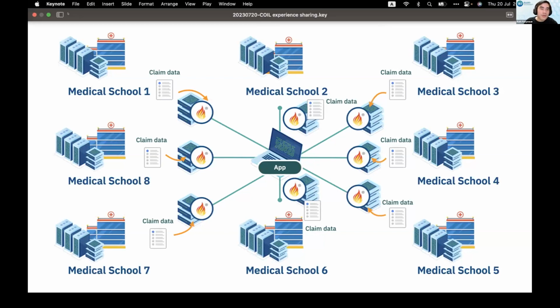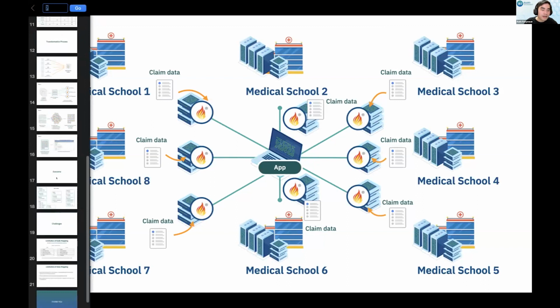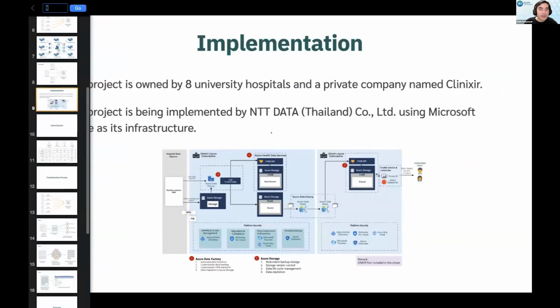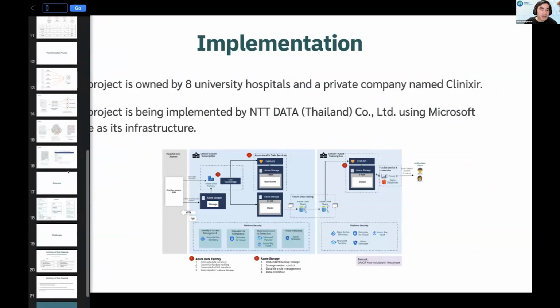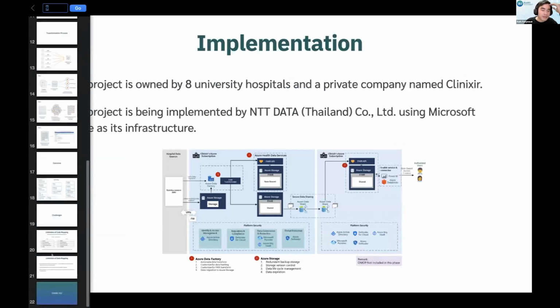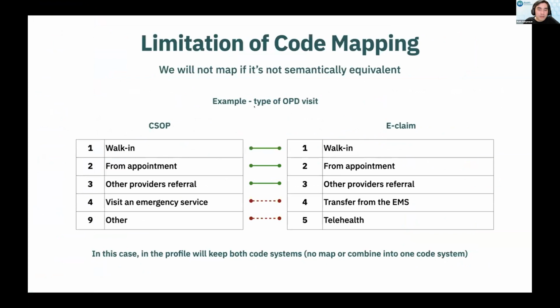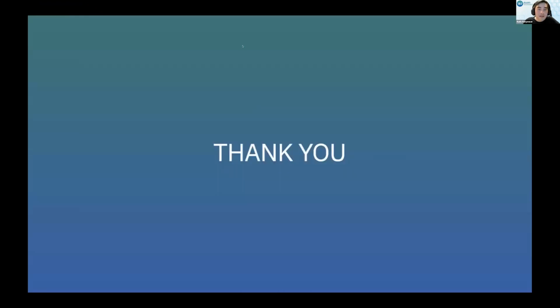I don't know how this goes for now, because the one responsible for implementing is NTT, but that is what I heard from them. So that is the limitation I faced in this project.